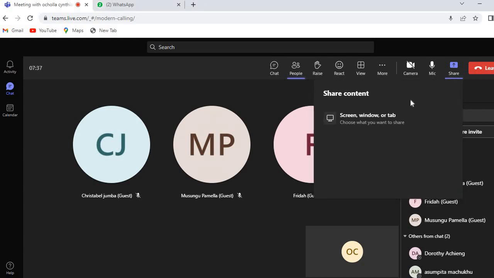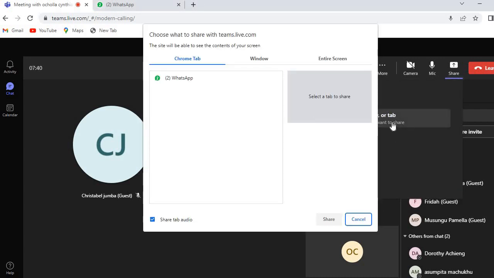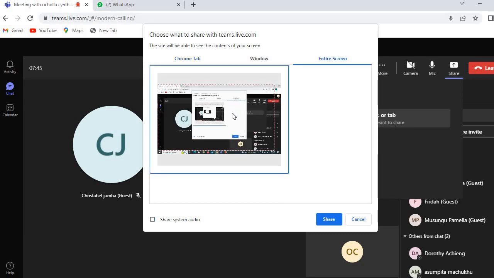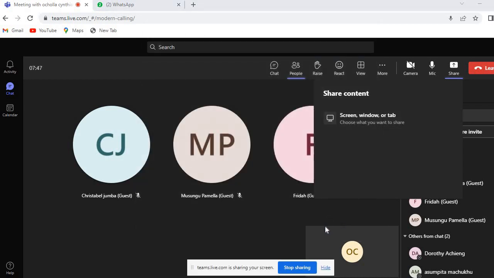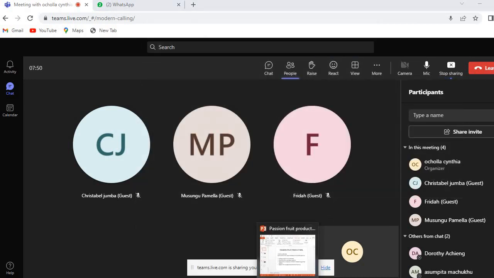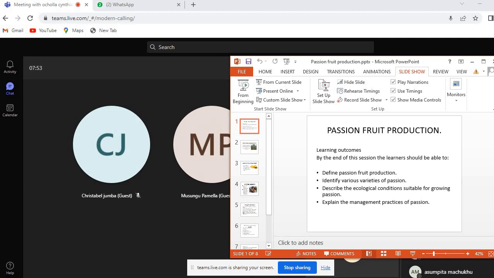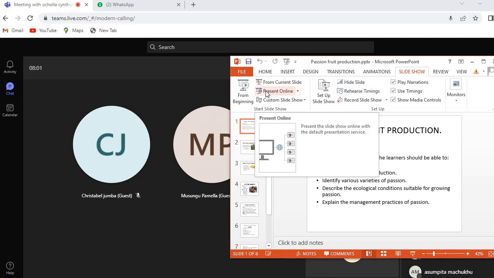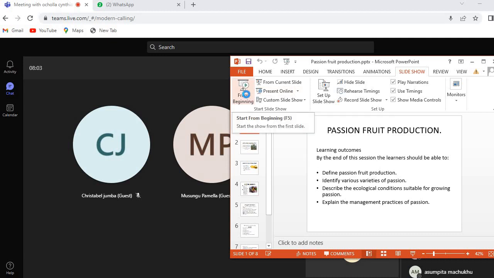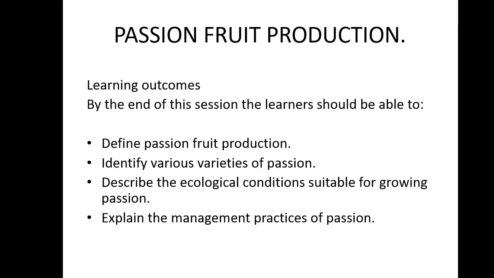Okay, so that said, today we are going to start on something else, and we are going to learn about passion fruit production. In the passion fruit production, we have various learning outcomes. Can one of you read the learning outcomes there? Yes?